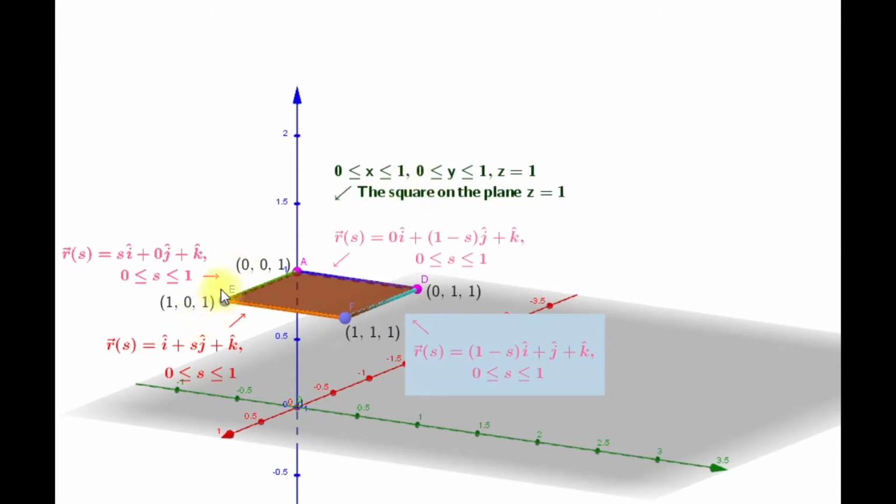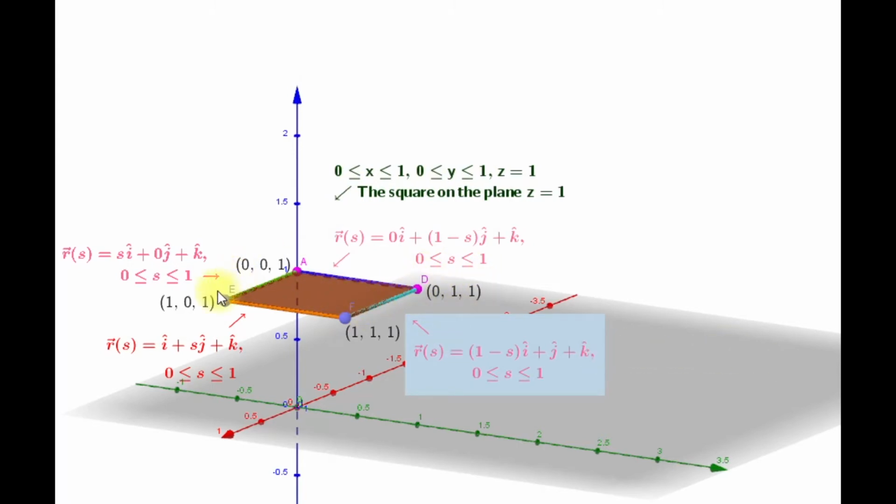We get this point 1, 0, 1. Then x is equal to 1, y is equal to 1, and z is equal to 1. We have this point, the triple 1, 1, 1. At the same time, when y is equal to 1 and z is equal to 1, x is equal to 0. We get this point 0, 1, 1.